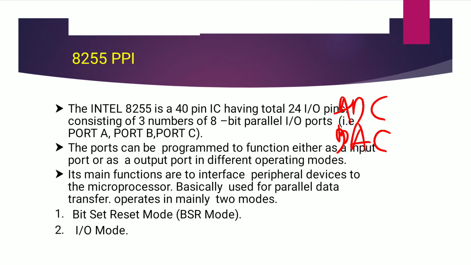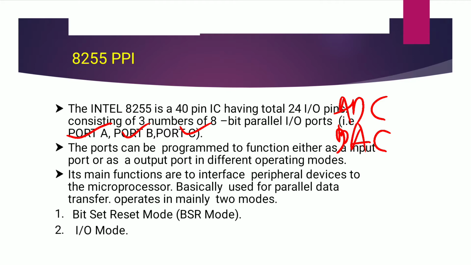The Intel 8255 is a 40-pin IC having 24 input-output pins, consisting of three 8-bit parallel input-output ports, that is port A, port B, port C. Means it has three ports and each is 8-bit.